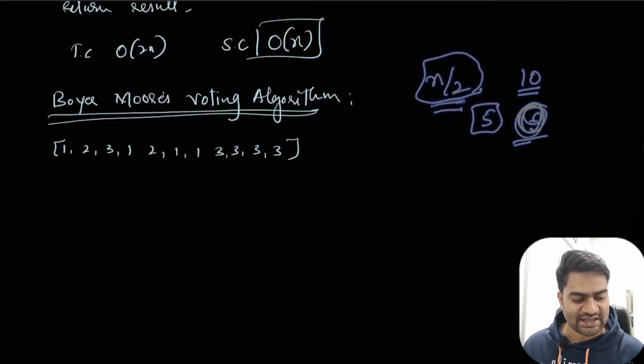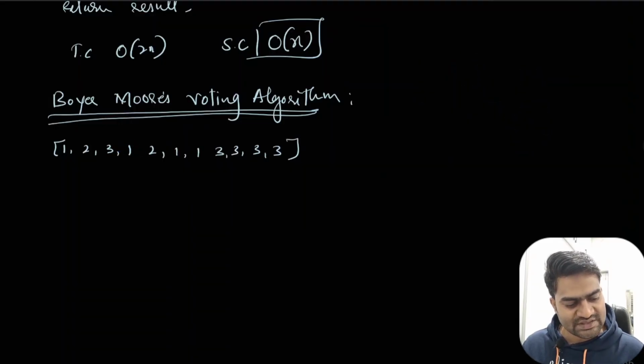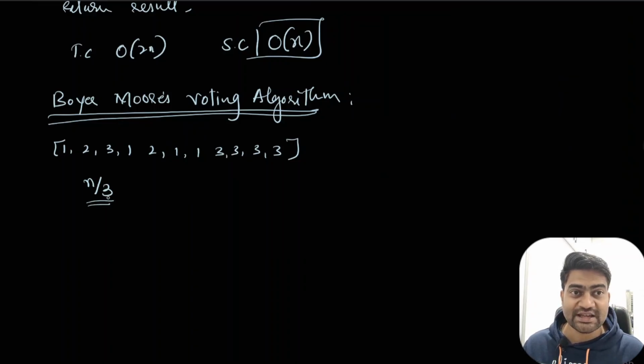In a similar case, in this particular problem there will be candidates, plural, because if a particular candidate gets more than n by 3 votes, then he is considered a winner according to this problem.